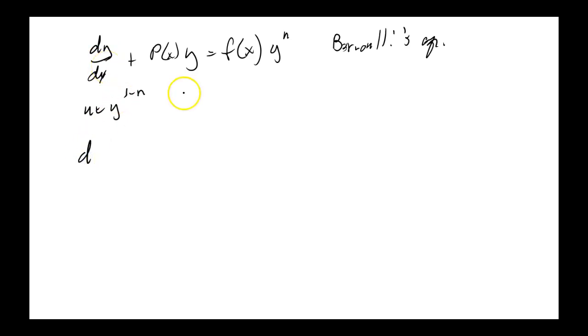Well, we probably need to do this too: du is equal to 1 minus n times y to the minus n dy. Okay?